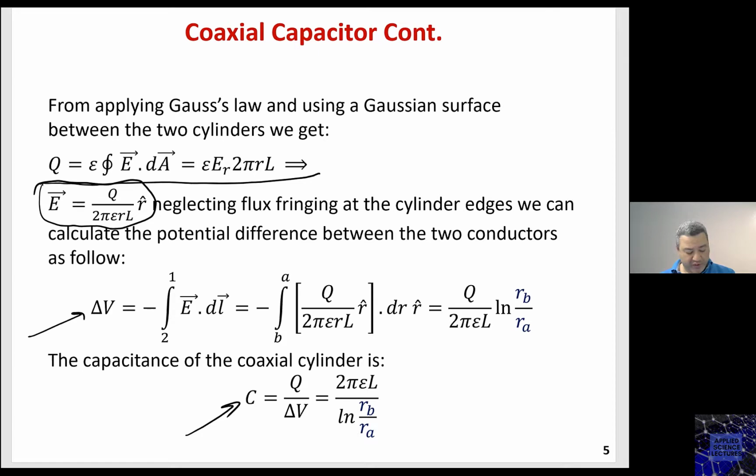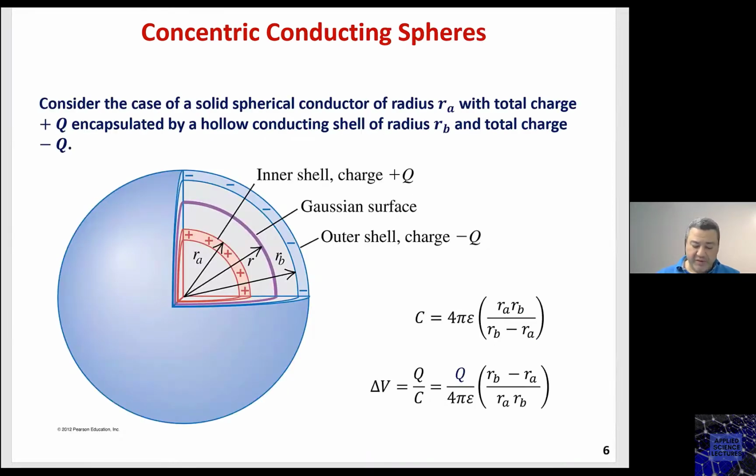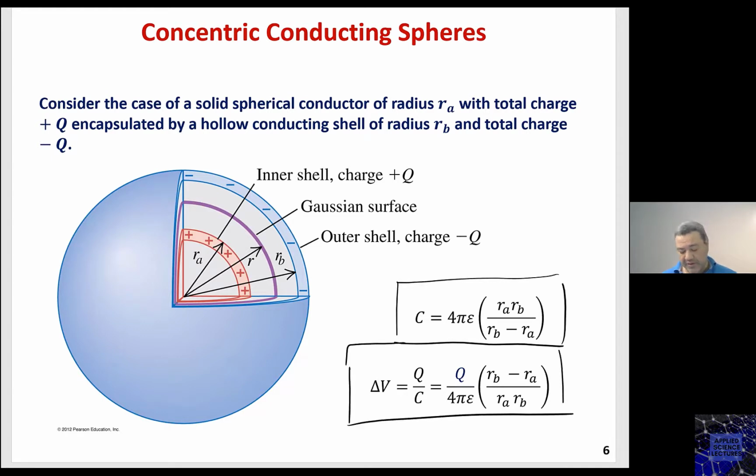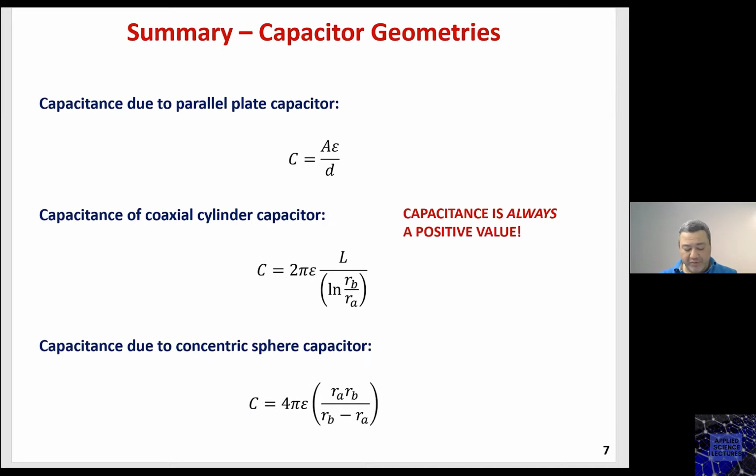Now let's move on to the spherical, the concentric conducting spheres. For the concentric conducting spheres, we're not going to derive the potential difference and the capacitance. We will be using those two expressions. Okay, so this is the summary of the capacitances that we have derived today.